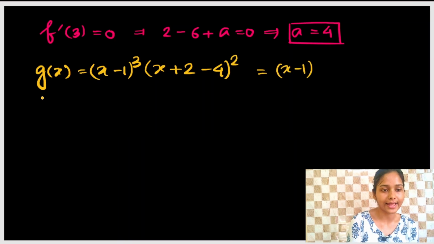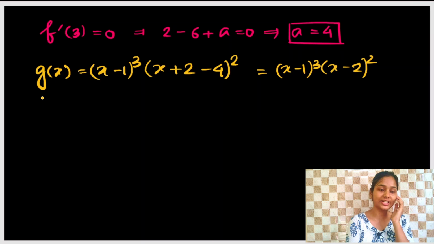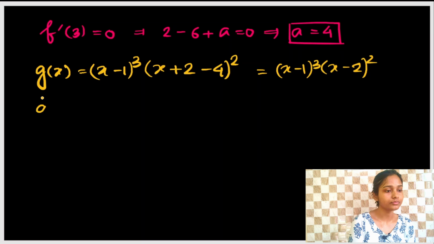So this function has this value x minus what? X minus, it will be 2, right? Sorry, yeah, (x minus 2) whole square. So the g(x) function is becoming (x minus 1) whole cube into (x minus 2) whole square.